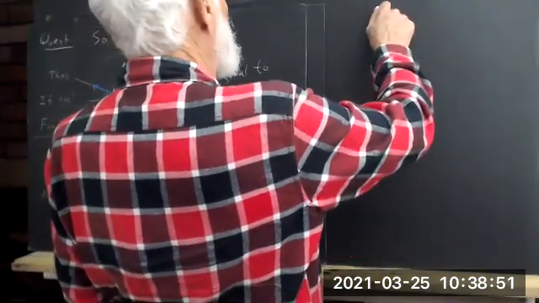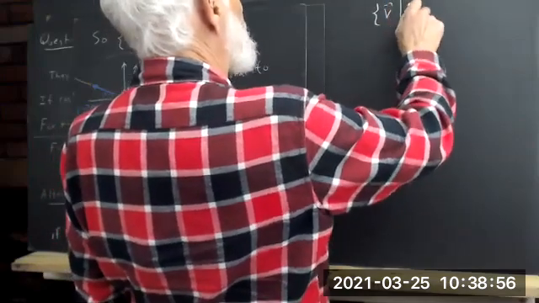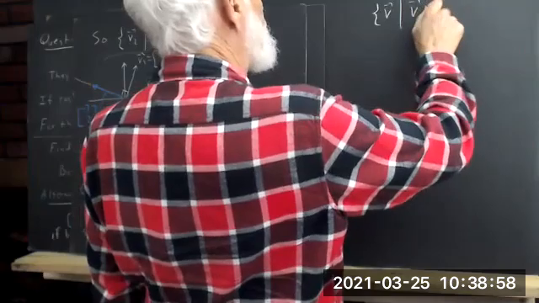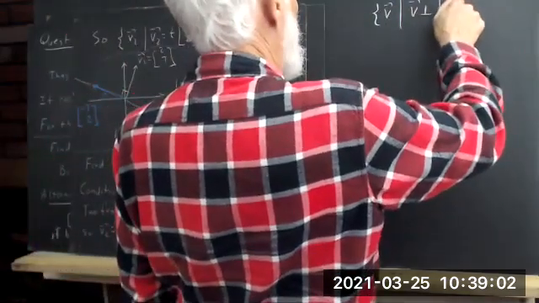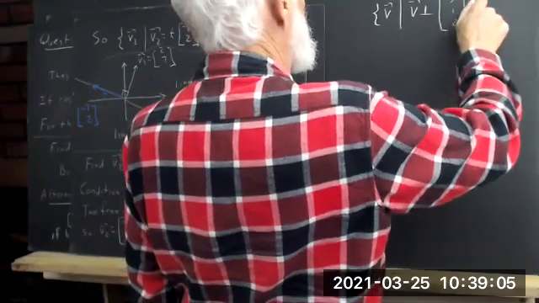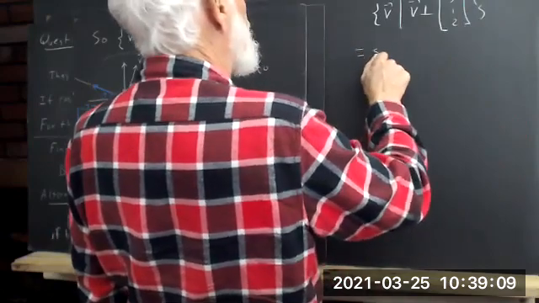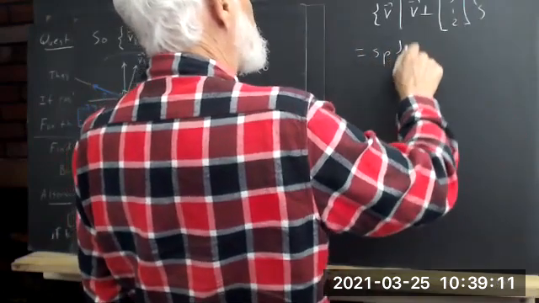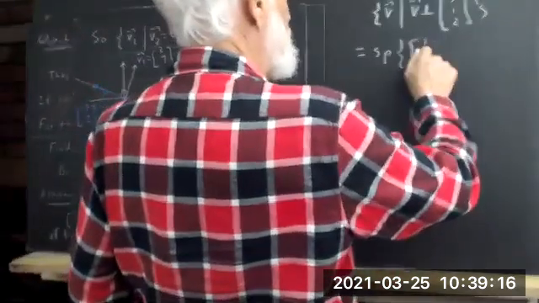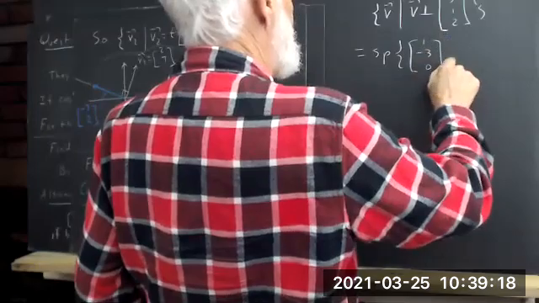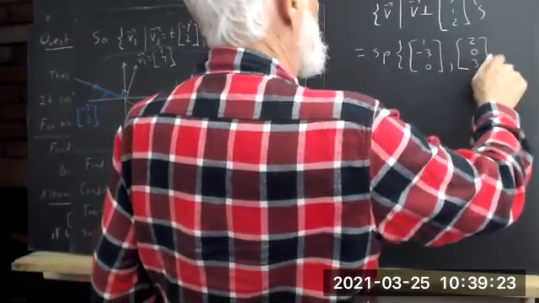I'll write it in set notation: the set of V such that V is orthogonal to 3, 1, -2 equals the span of the set 1, -3, 0 and 2, 0, 3.